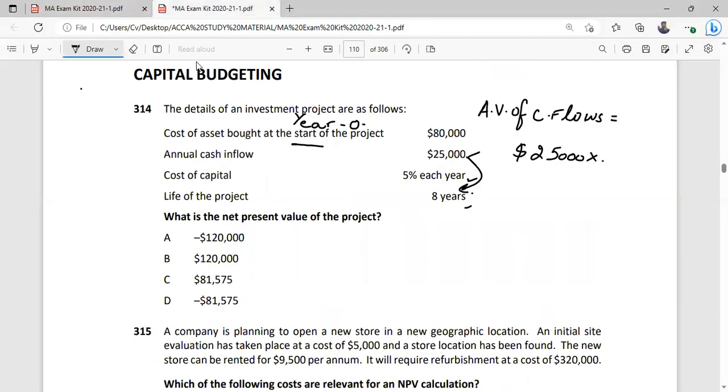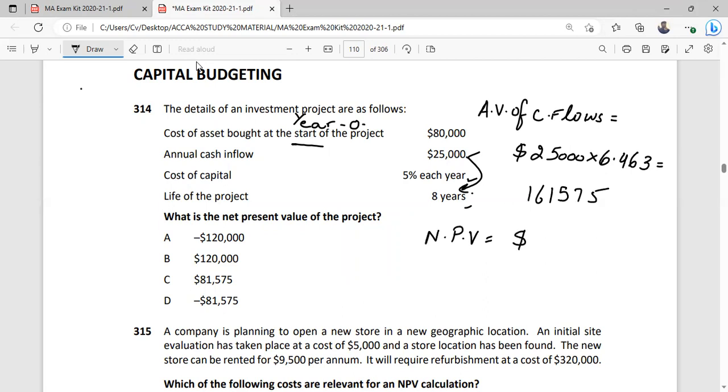So you can multiply 6.463 to calculate the annuity value. So what would be our annuity value? 25,000 into 6.463. It is 161,575.